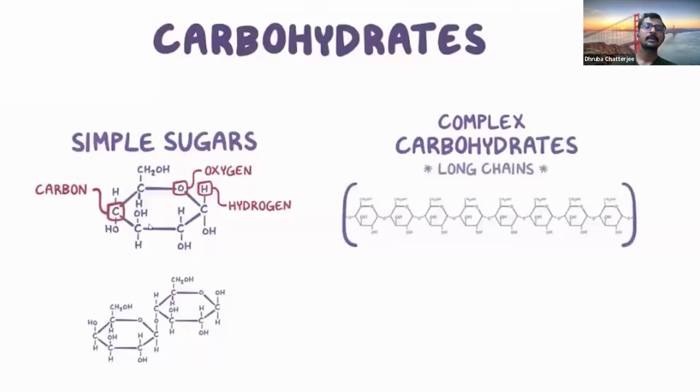Now two monosaccharide molecules can link together via formation of a covalent bond, which is called a glycosidic bond, right? These are basically ether bonds between the two, formed by removal of one water molecule between one OH and another OH.